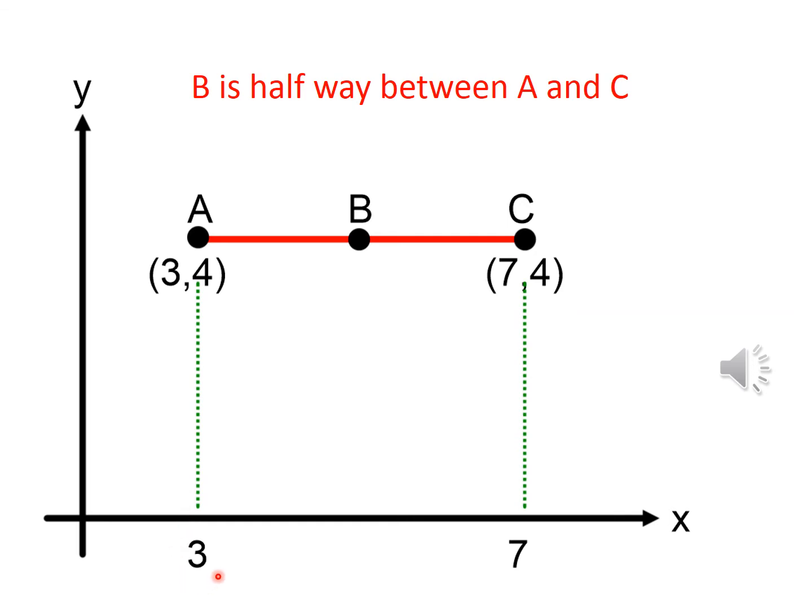And we know that the first number in a coordinate refers to where that point is on the x-axis. So as you can see, I've drawn a little line down from A. We know that on the x-axis, that's 3. We also know that C on the x-axis is at 7, and that's a really, really big help to us.